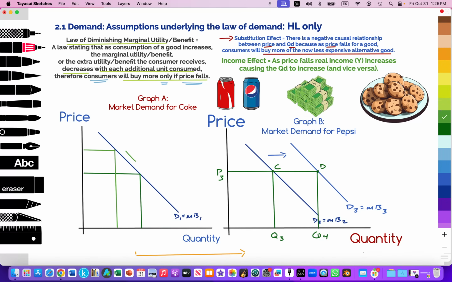Let's say that Coke starts off with a price of P1 and they lower price to P2, going from point A to point B. Quantity of demand increasing from Q1 to Q2. And let's have Pepsi have a similar price, but they maintain that high price. So let's imagine that P2 is similar to P1.